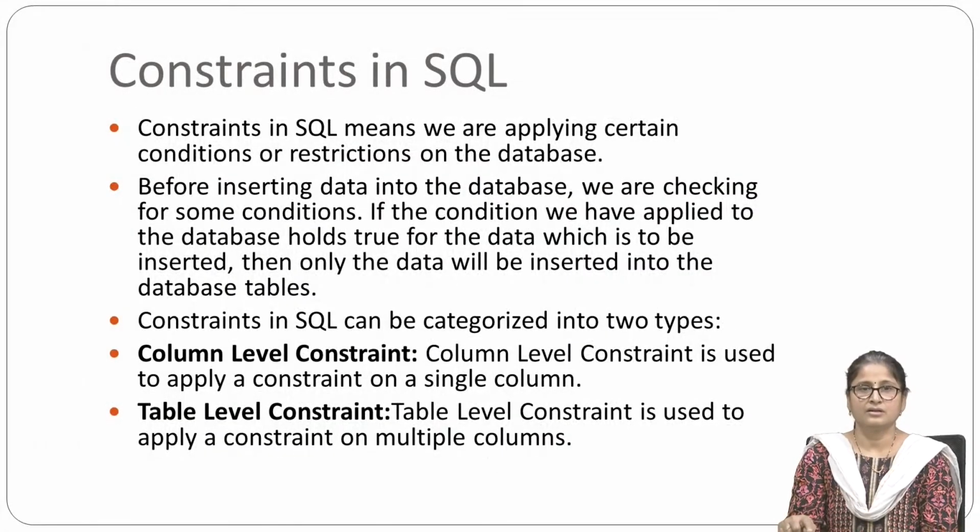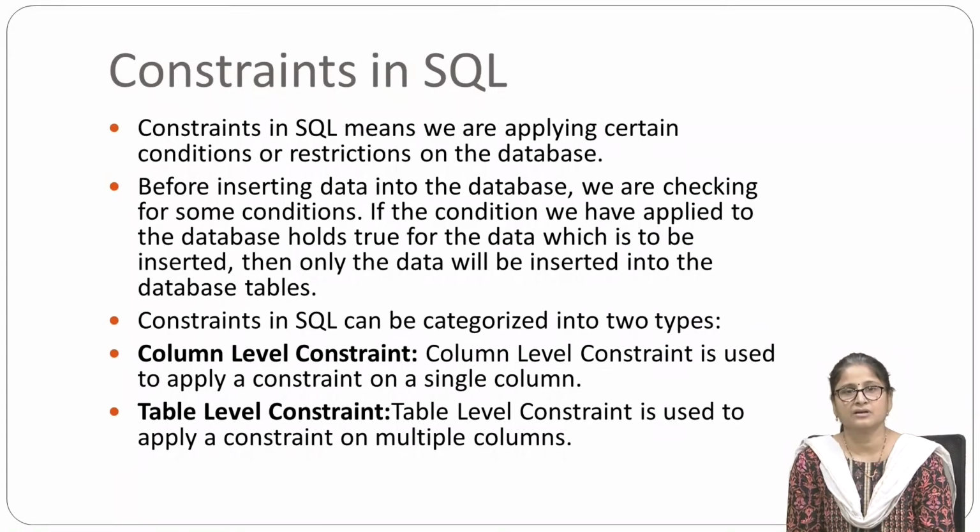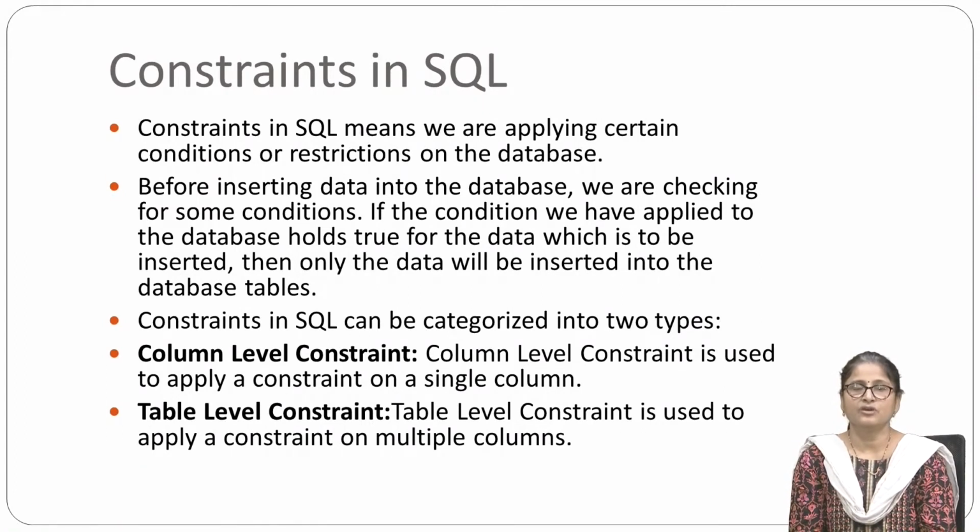Now, during the creation of the table, we would like to specify different kinds of constraints on a particular column. So how can you specify a constraint in the database table? Basically, constraints are nothing but some kind of conditions or restrictions we apply on the database table. What happens when we apply a constraint?